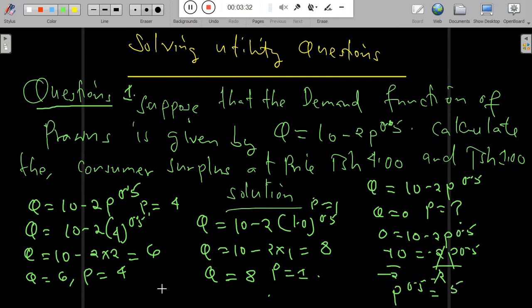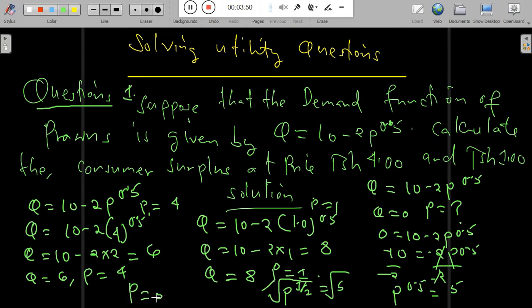Our intention is to find p, so we need to take the radical on both sides. We convert 0.5 into a fraction, so that is p raised to the power of 1/2, which is equal to 5. We put radicals on both sides and obtain the value of the price.